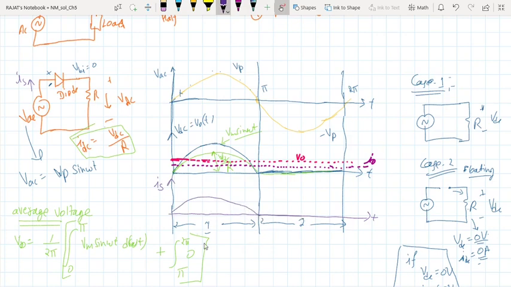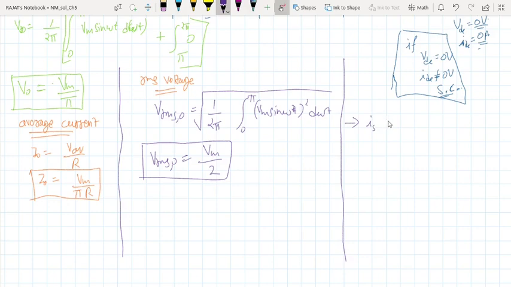So you can see the source current is non-sinusoidal, however the applied source voltage is sinusoidal. Similarly, the output current is non-sinusoidal and the output voltage is DC.